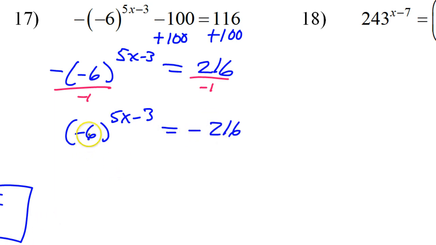Now that we have the variable term by itself, we need like bases. On the left, we have a negative 6 as a base. So let's see if we can write negative 216 with a base of negative 6. Is 216 on your chart? Yes.